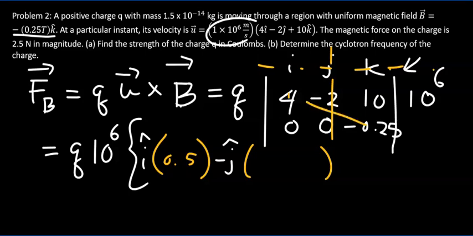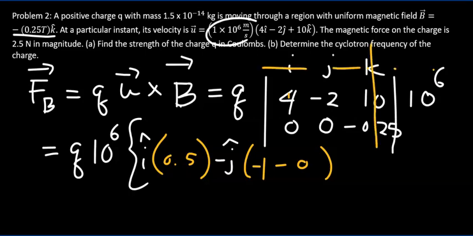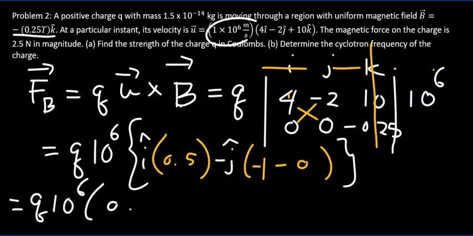So this times that is 1, it's actually minus 1, and this is 0, so it's minus 0. And the k hat, when you cross out the k hat in two mutually perpendicular directions, this times that is 0, this times that is 0, so it doesn't contribute, there is no k hat. So you see that the right hand side is q times 10 to the power 6, 0.5 I hat plus j hat.